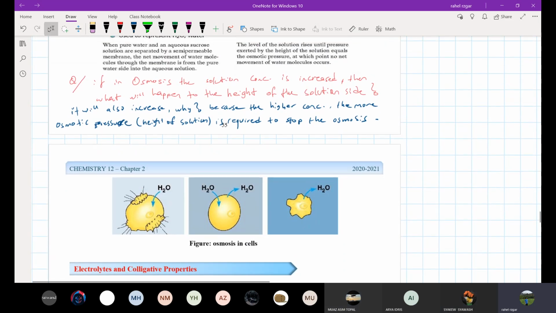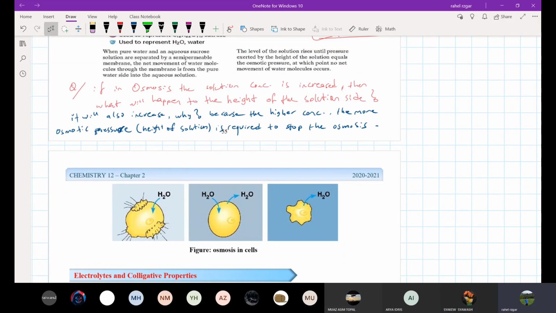I just used this to clarify that osmosis is also a process in the cells. For example, if you look at the figure, if a cell undergoes a lot of osmosis, a lot of water goes inside the cell, the cell will burst, the cell will explode.